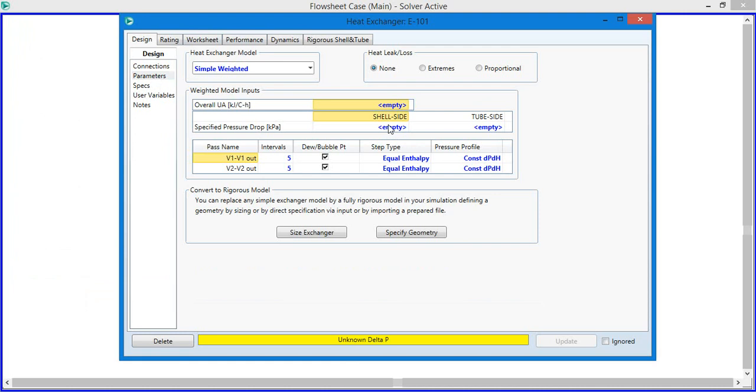So select the parameters and we will use the simple weighted, and on the shell side we have a pressure drop of 5 kilopascal, and on the tube side we have a pressure drop of 35 kilopascal, as we did in our previous question.